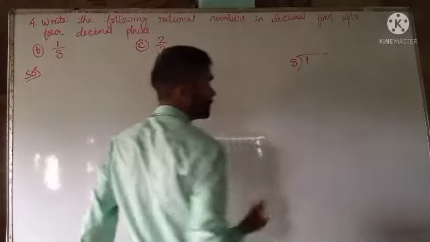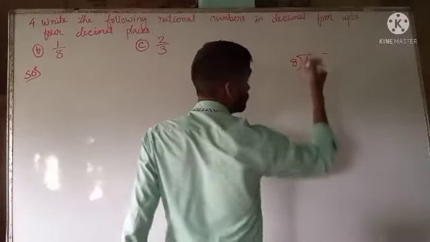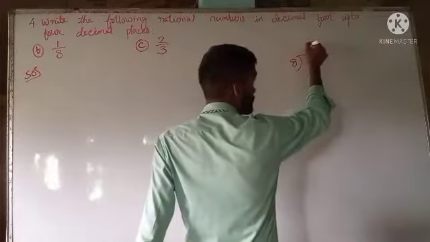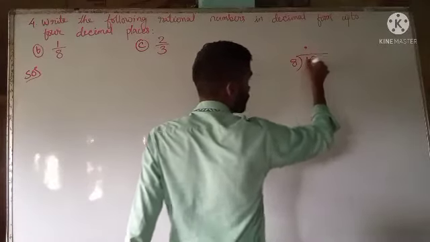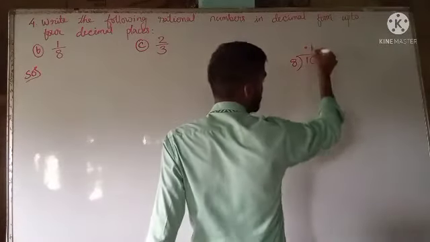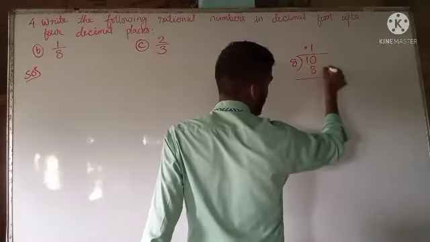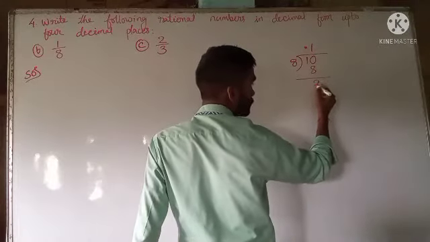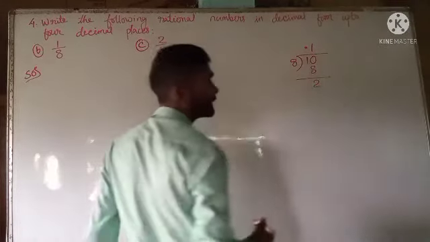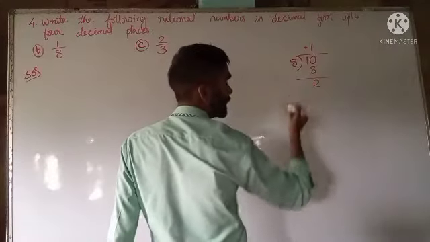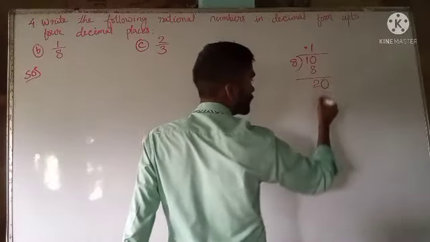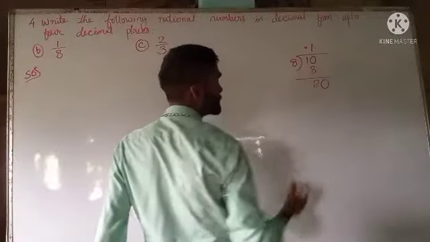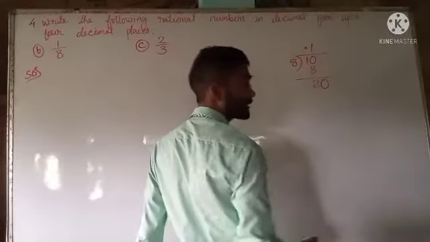That is 8 divided by 1. 8 and 1 we cannot divide, so we put a decimal point here and write 1 0 here. So 8, 1 times is 8. 10 minus 8 gives 2. Again we cannot divide since 2 is smaller than 8, so we write 1 0 here. Since we already wrote the decimal point, we can take 1 0.